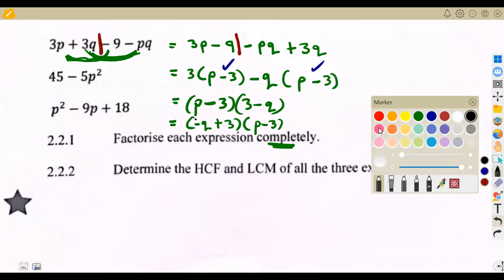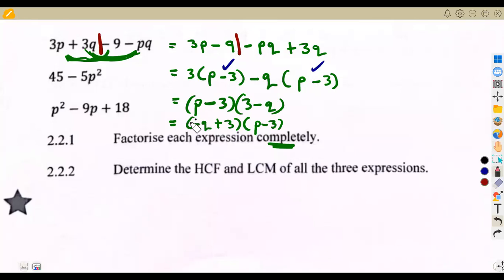We are going to consider the negative out. So we're going to factor out the negative in this case, all right? So here we are going to factor out the negative that we see. So if we factor out this negative here, we take it outside of the bracket. It means we are going to remain with negative q divided to a negative.